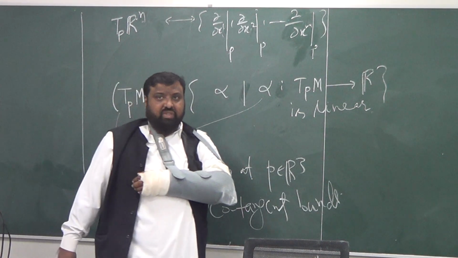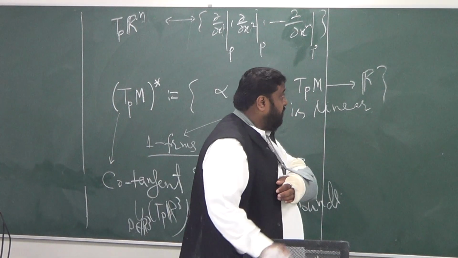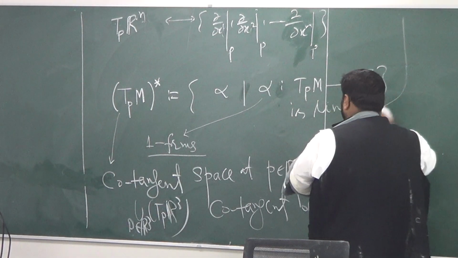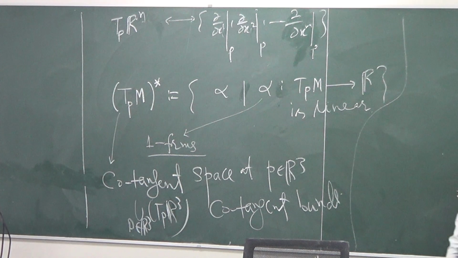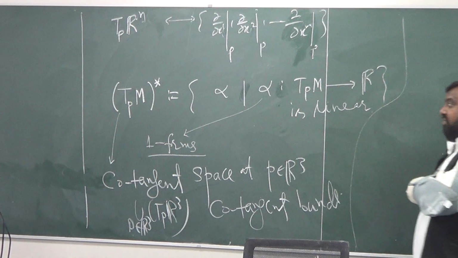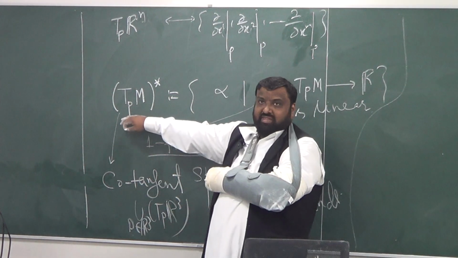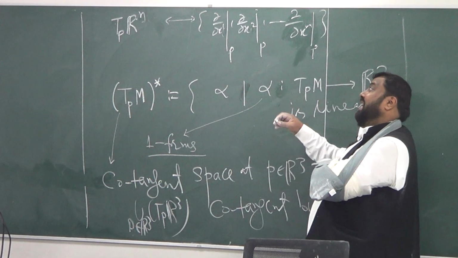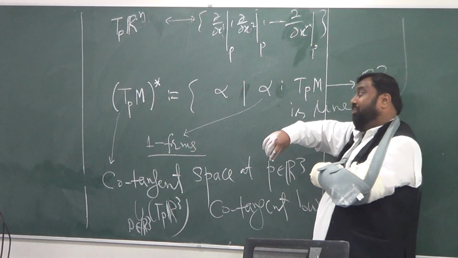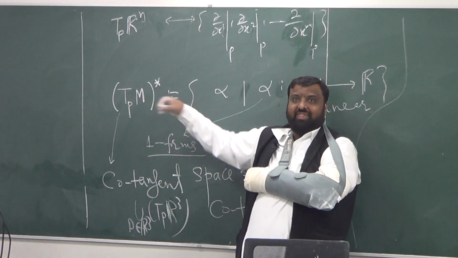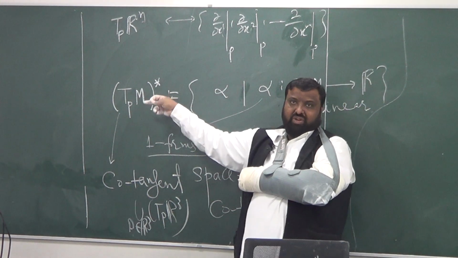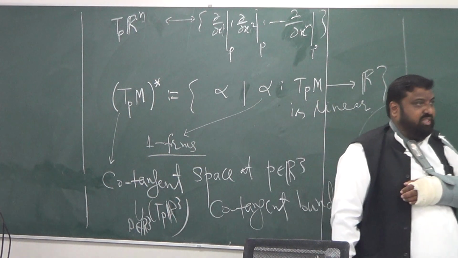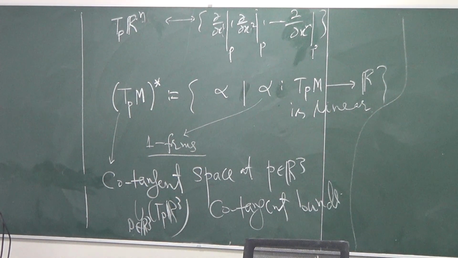Cotangent bundle. Just a simple notation. An interesting question would be, what is the basis of this? We want a basis that has the Kronecker delta relationship with the basis of the cotangent space. So we're going to get to it.